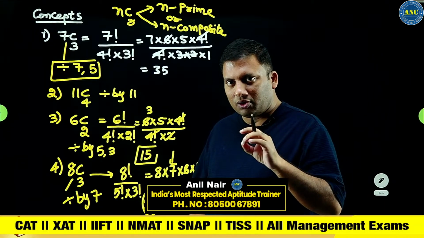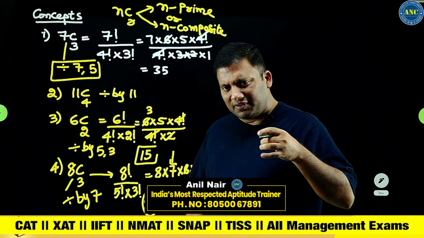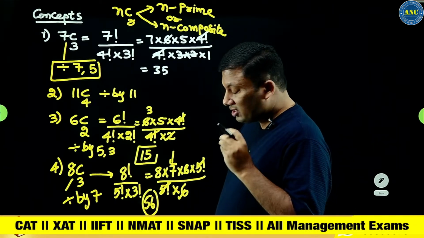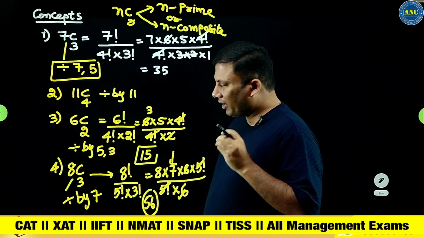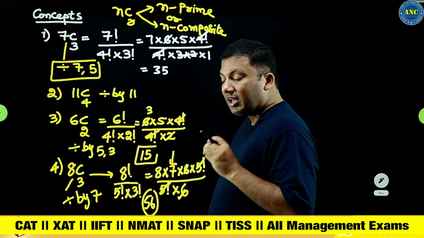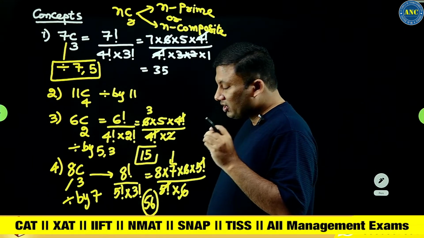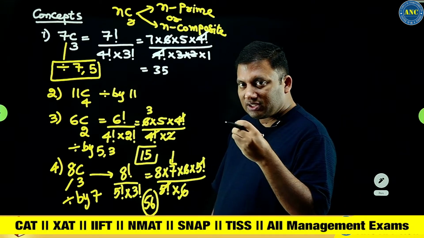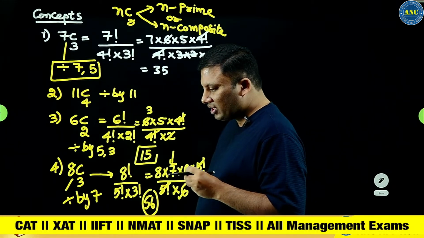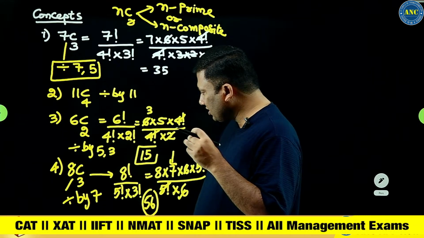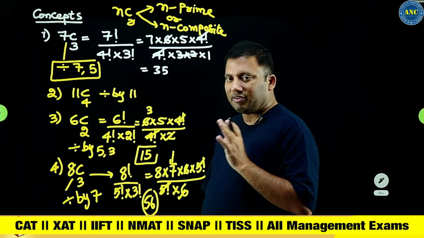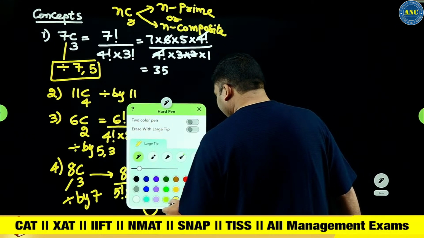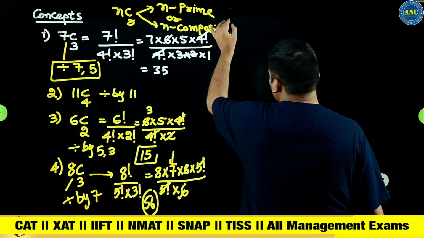Our classroom notes have every problem solved from a basic level to an advanced level. 7C3, 7 is a prime number. 11C4, 11 is a prime number. 6C2, 6 is a composite number, prime number just less than 6. 8C3, prime number just less than 8. I hope the concepts are very much clear to you. Let's get back to the problems.